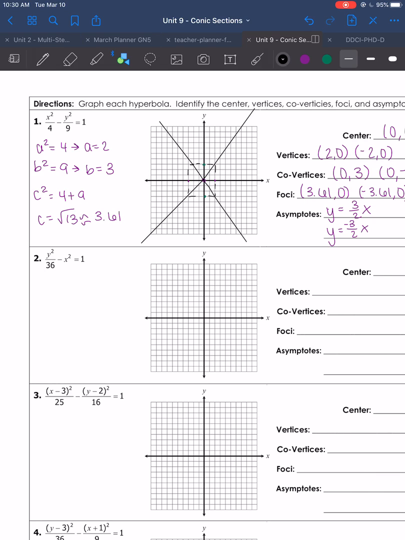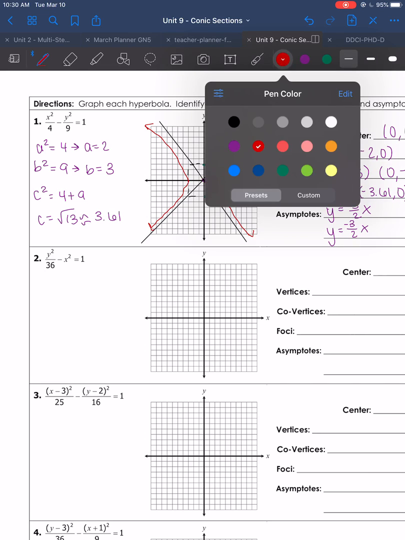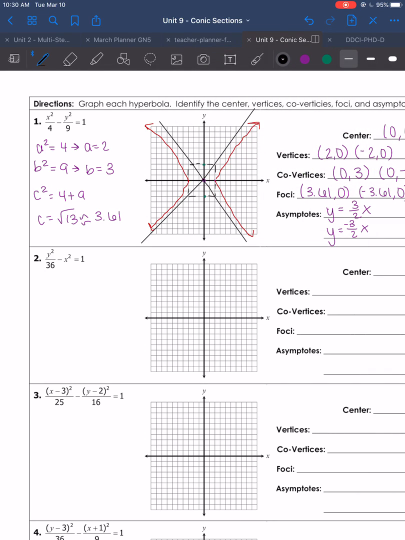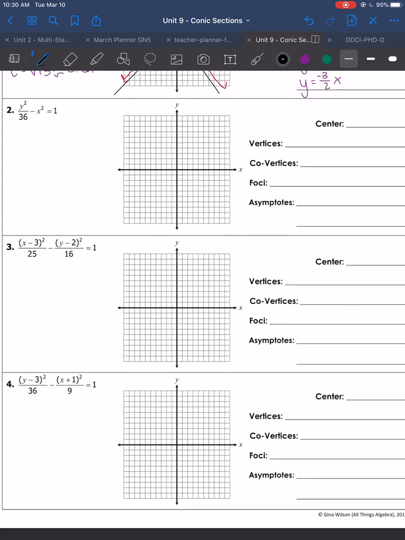Well, you get the point. And then you just kind of use your vertices and sketch. Let's use red so you can see it. Sketch your hyperbola. And just understand that your foci will go there-ish. So that's your hyperbola. All right, let's go to number 3.